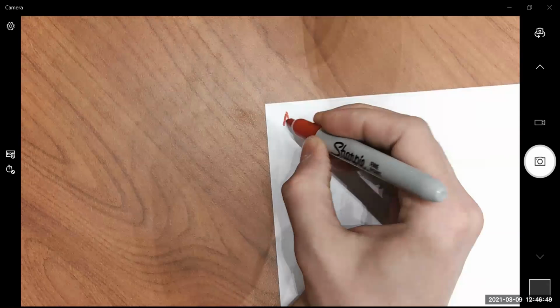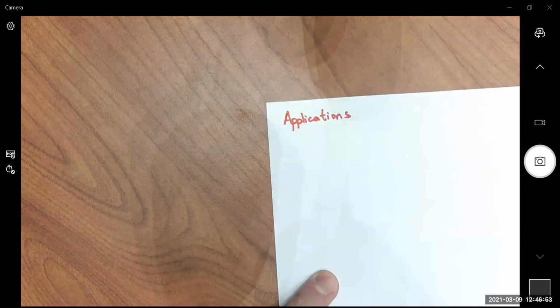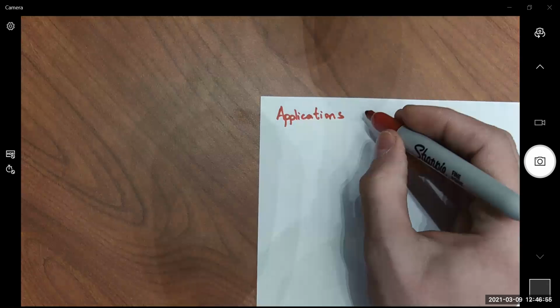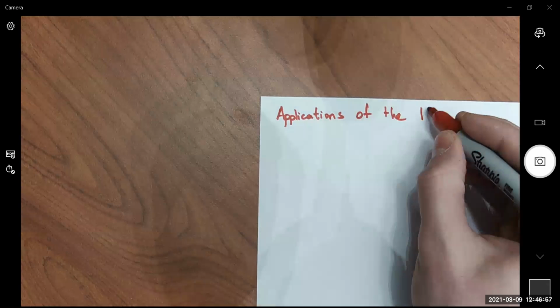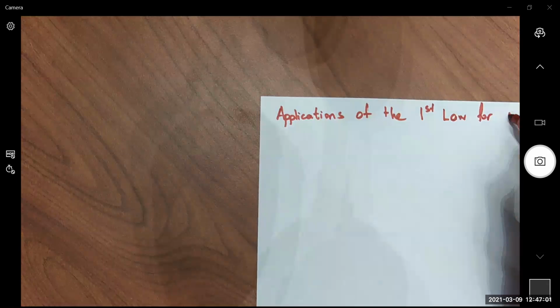Okay, let's start. So we'll continue on applications of the first law for open systems.